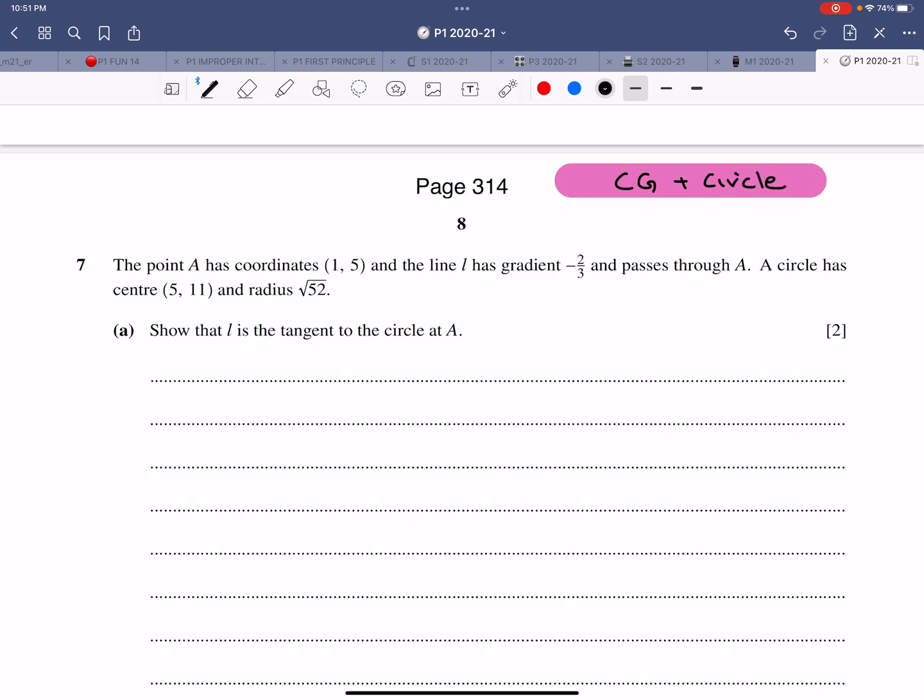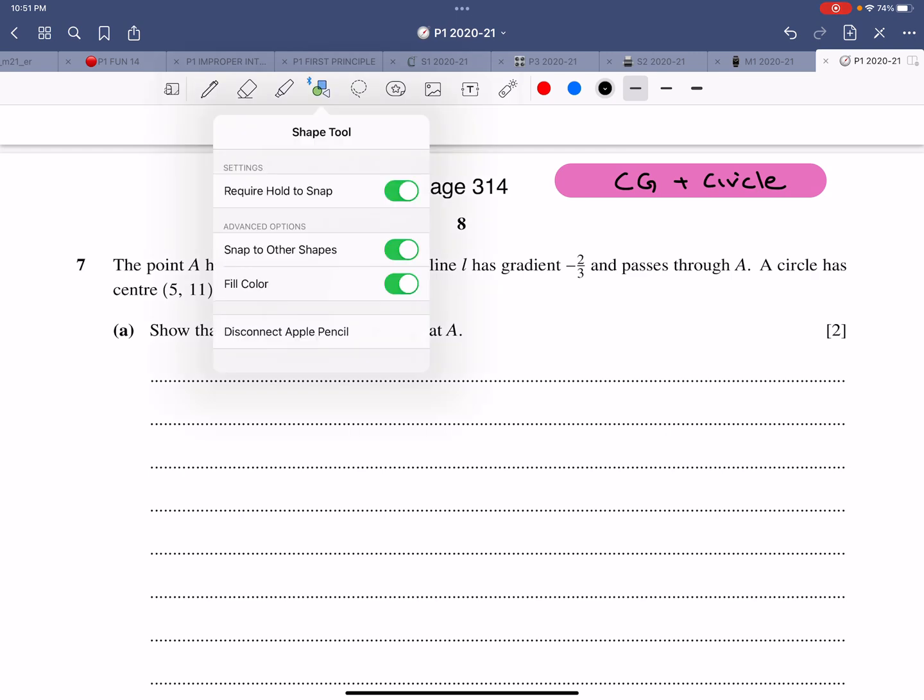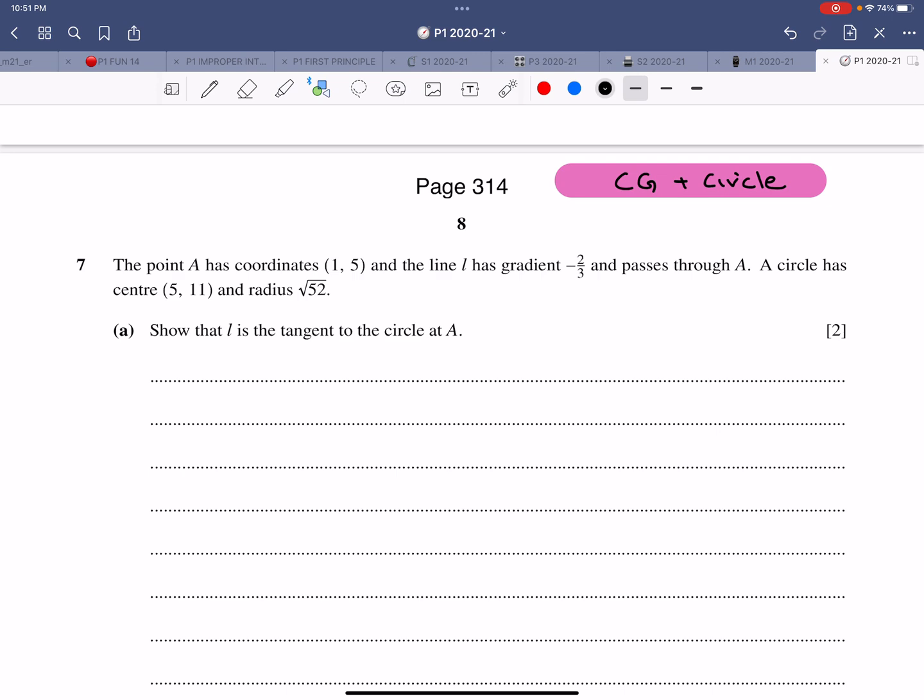Now it says the point A has coordinates such and such, and the line L has gradient negative 2/3, and the circle has a center (5, 11). So let me draw a circle and let me label a point (5, 11). So somewhere here is (5, 11).